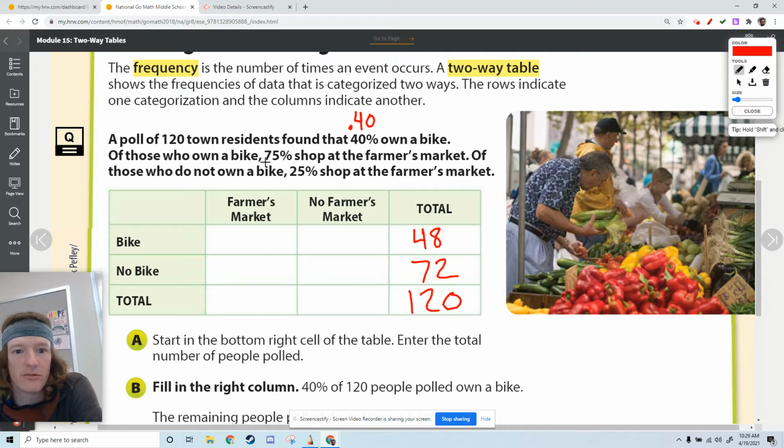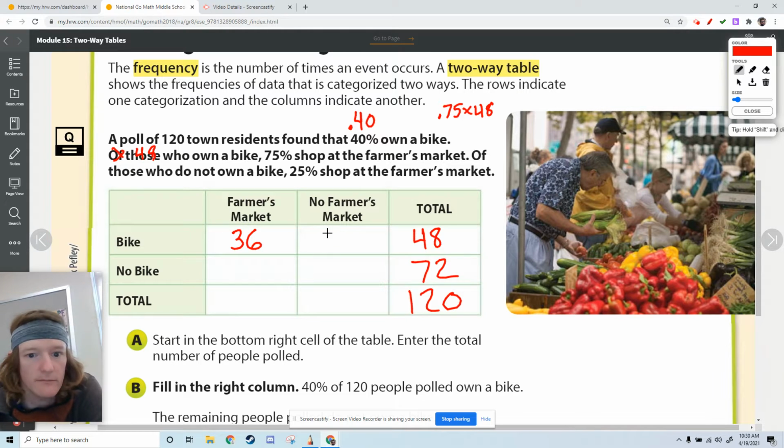Of those who own a bike, of 48, 75%, which is 36, because I did 0.75 times 48 people to get 36 people who own a bike and go to the farmer's market. So how many people own a bike but don't go to the farmer's market? Well, we'll have to do 48 minus 36. We learned that 12 people, because 36 plus 12 does equal 48, and we're good there.